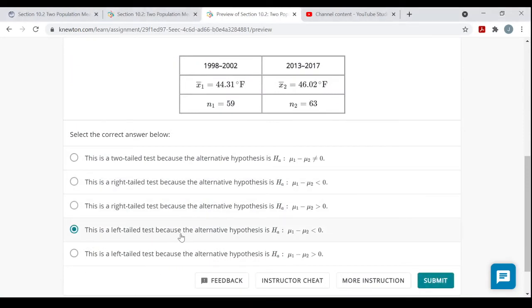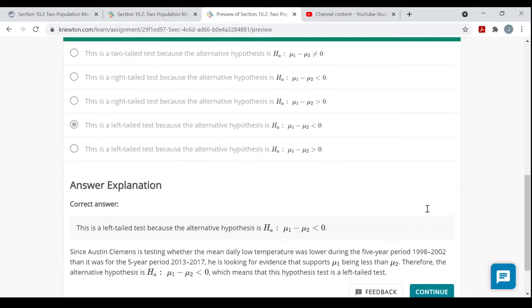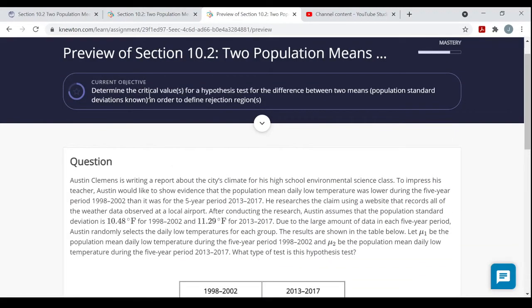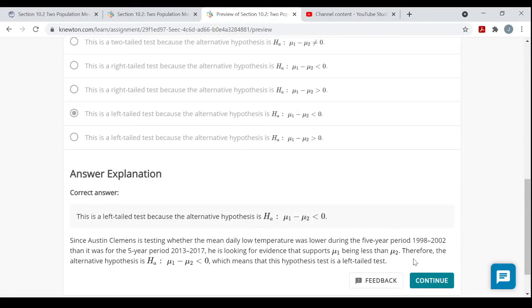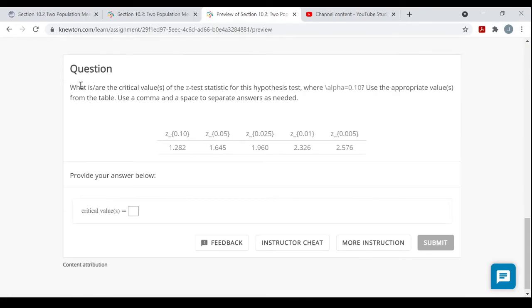All right, this fourth statement here. Okay. Now I'm sure there's more to it because the name of the objective is determining the critical values. So then, okay, now it's only a left-tailed test, so there's only one critical value.